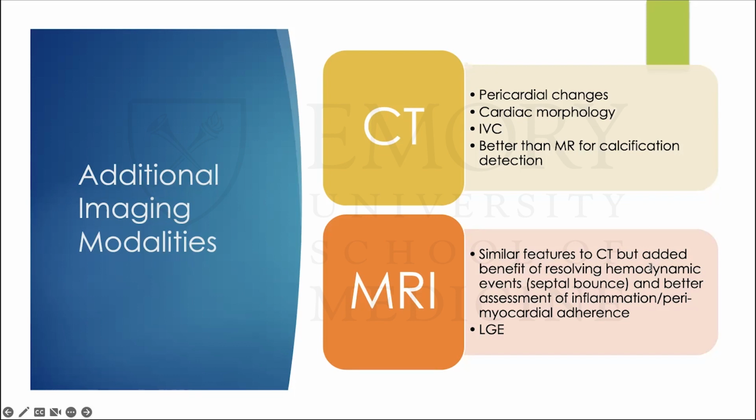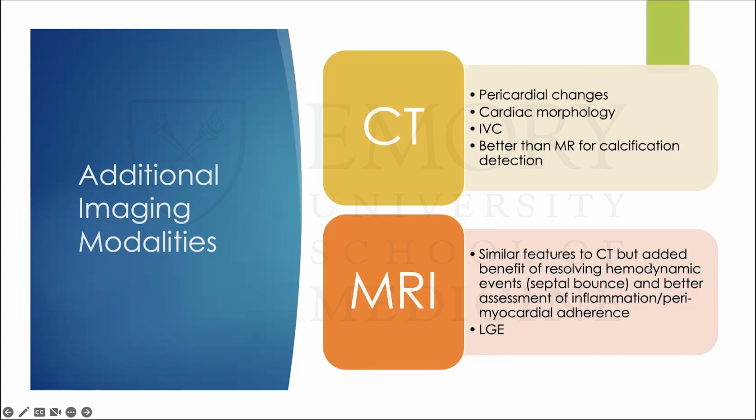Whereas cardiac MR has some similar benefits, but you can resolve hemodynamic things a little bit better in terms of septal bounce and things of that nature. So you can see ventricular interdependence, and we saw that on our patient's cardiac MR as well. MR is also a little bit better at assessing pericardial inflammation, because it can fine tune that pericardial myocardial border a little bit better.